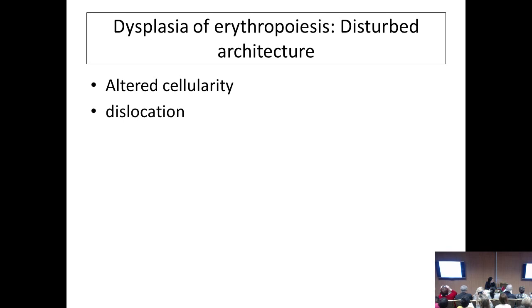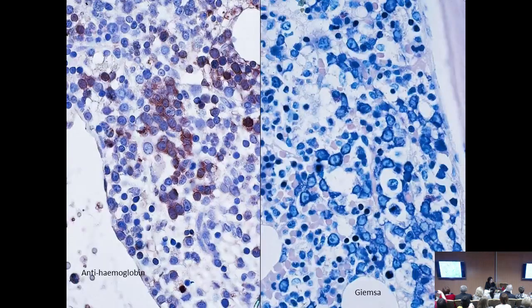As I told you already, disturbed erythropoiesis shows dislocation frequently from the center of the interspongious space to the bony trabecula, and it shows altered cellularity with an increase of erythroid islands.